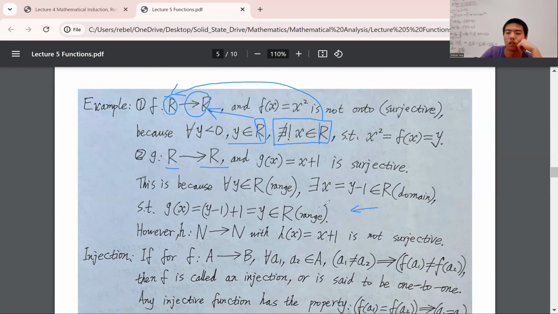It can go to infinite negative and infinite positive, and this is R. So x is equal to y minus 1, it's always findable, and it's also in R.